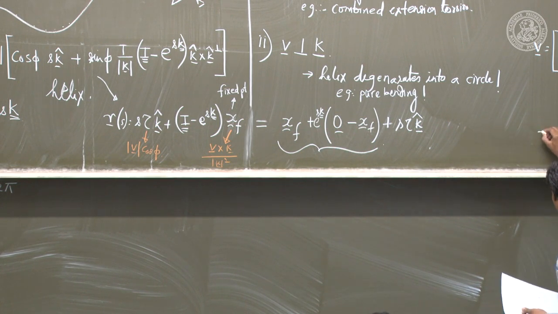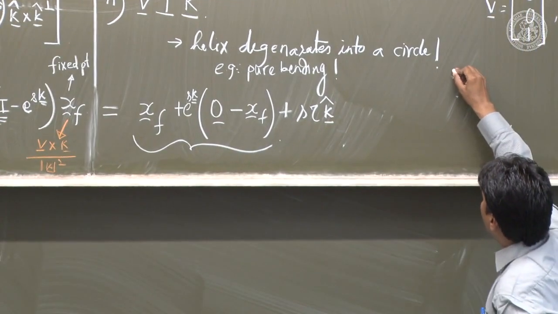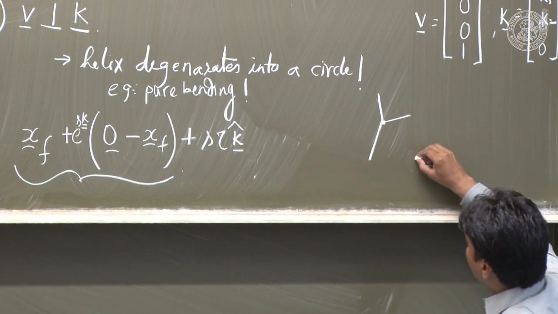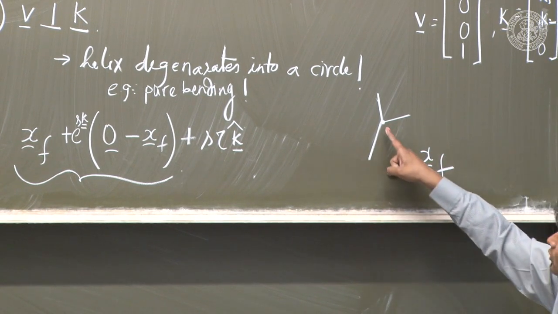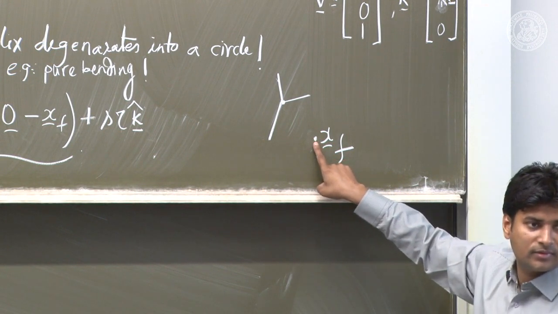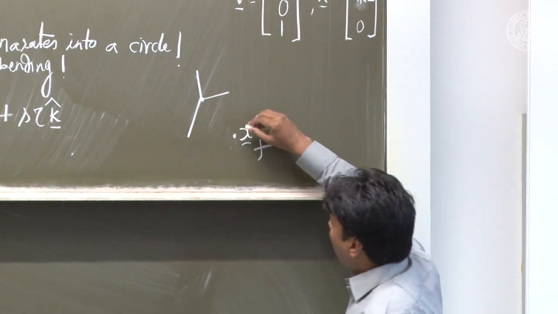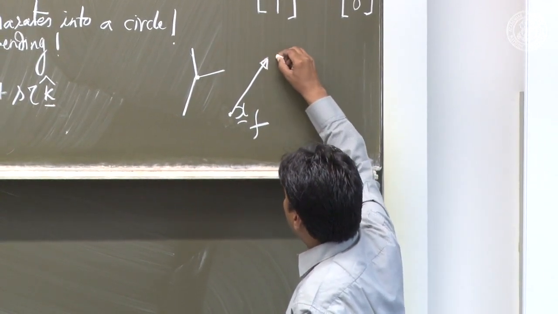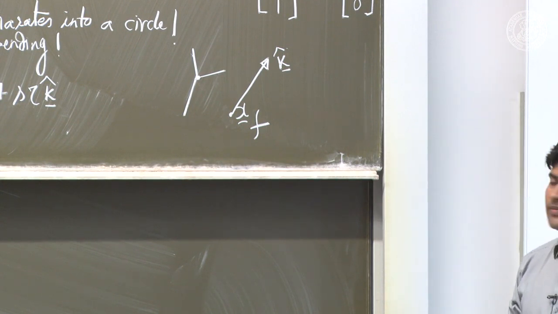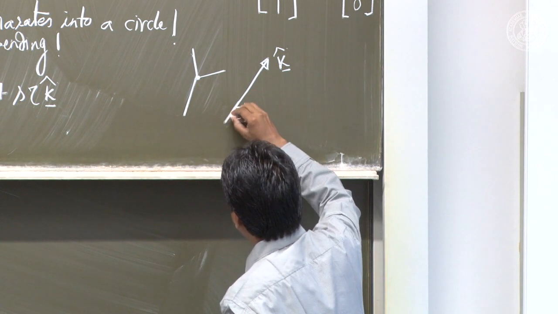You see, if you have a point little x of f and you have the origin somewhere over here, and I want to rotate this origin, rotate this point about this point x f, and the rotation is such that the axis of rotation is along some k hat. So what is going to happen?